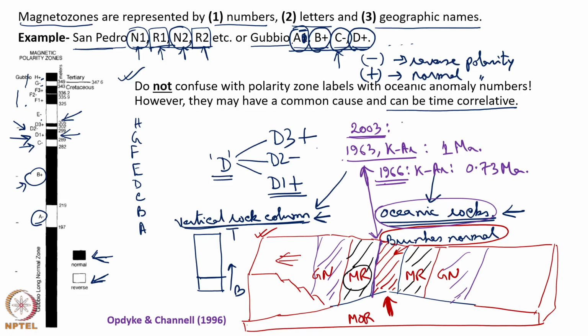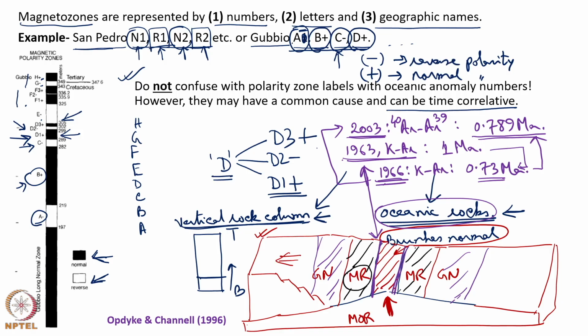This time the dating is argon dating, and the age is found to be 0.789 million years. So, from 1963 to 66 the age actually got reduced, refinement happened, and from 1966 to 2003 the age got increased. What I have talked about regarding this boundary, a similar concept can be made over here, the boundary between the Brunhes normal and the Matuyama reverse.